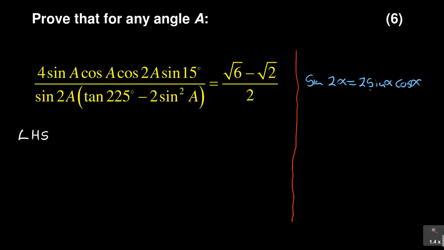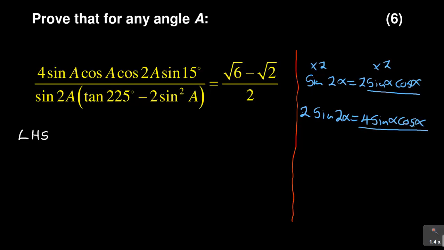Notice sine alpha cos alpha, which is sin A cos A. Now if I multiply this side by 2 and this side by 2, I will have 2 sine 2 alpha, which is equal to 2 times 2, that is 4 sine alpha cos alpha.